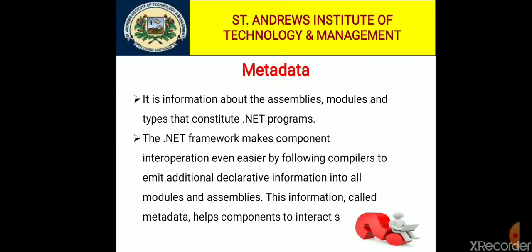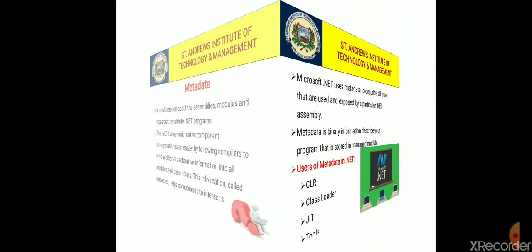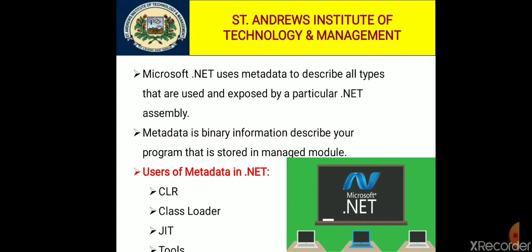Metadata is a common mechanism that the .NET runtime, compilers and tools can all use. Microsoft .NET uses metadata to describe all types that are used and exposed by a particular .NET assembly.